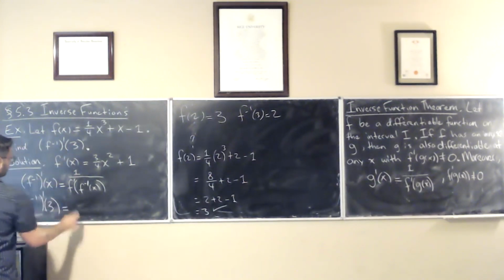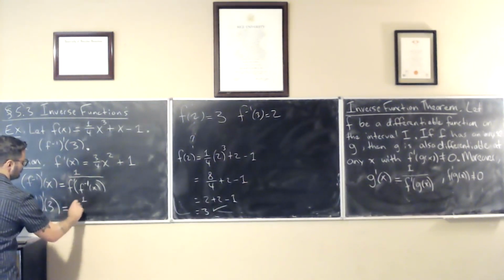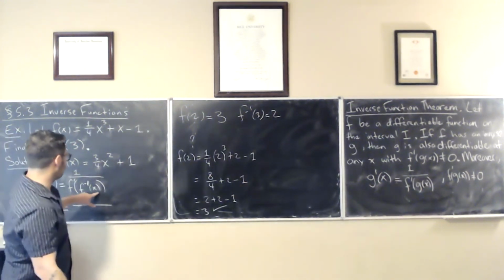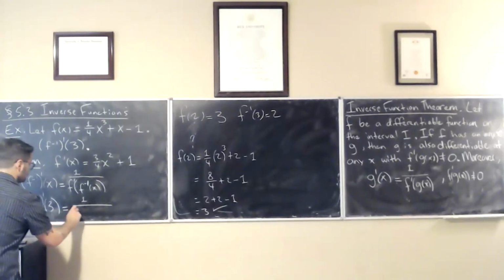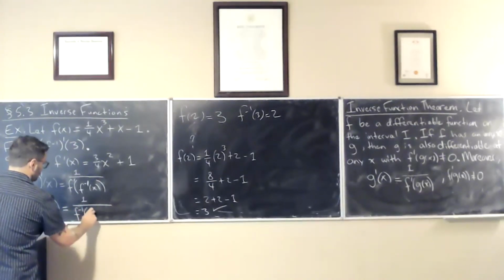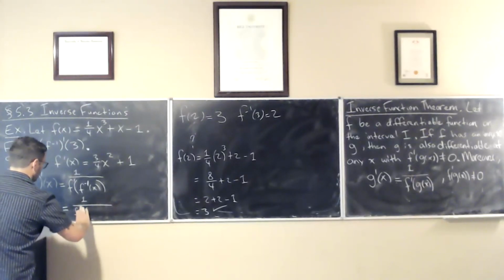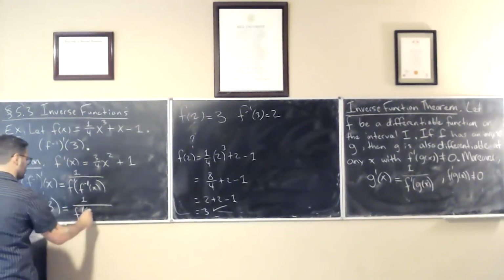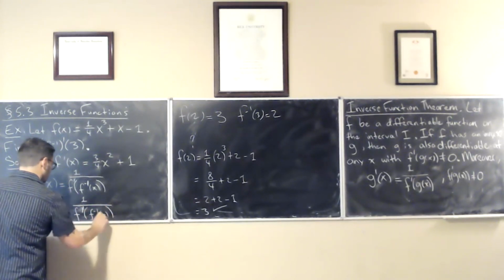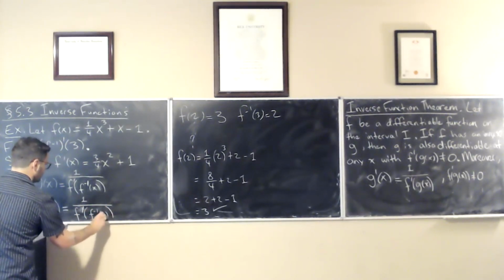So this is going to be equal to 1 over the derivative f prime evaluated at f inverse of 3.